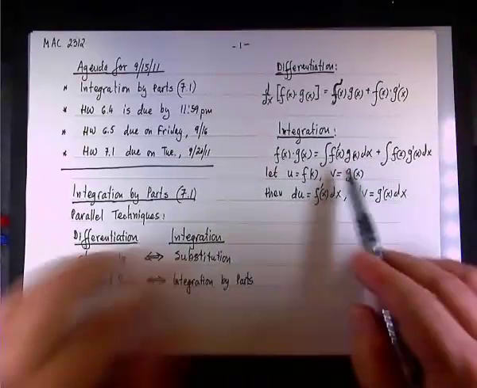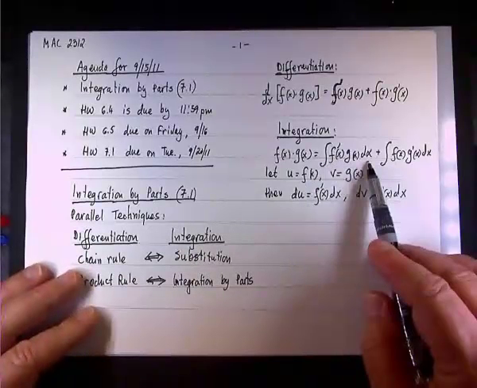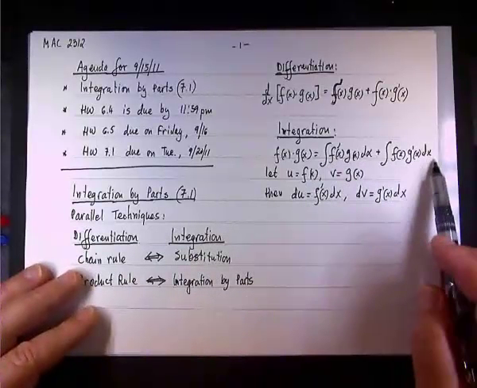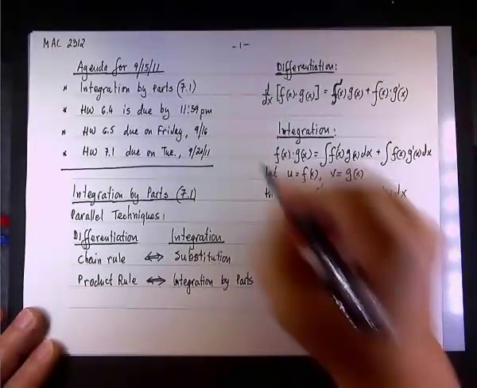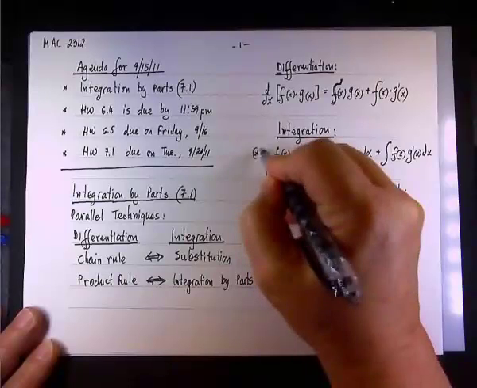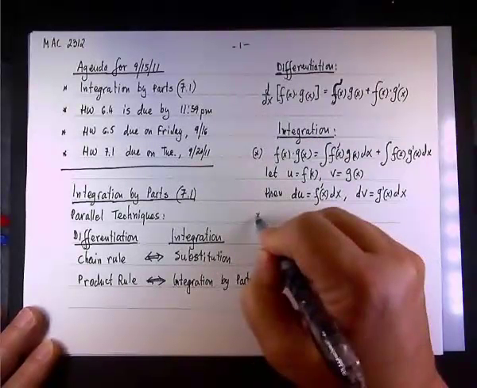And now you can see the motivation for doing so, because on the right side, I have f prime dx and I have g prime dx. So writing this differential du and dv will allow me to simplify the expression.